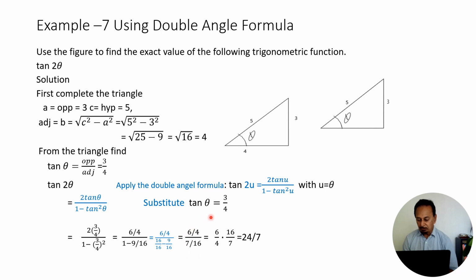Now we have 6 over 4 divided by 7 over 16. So 6 over 4 multiplied by the reciprocal of 7/16, which is 16 over 7. We can divide 16 by 4, which leaves 1 here, so it becomes 6 times 4, 24 over 7. So tangent 2 theta is 24 over 7.